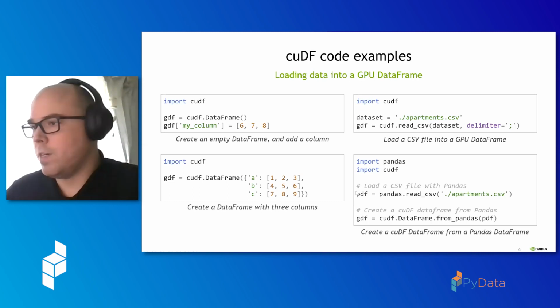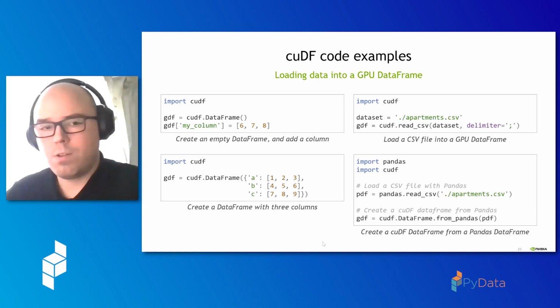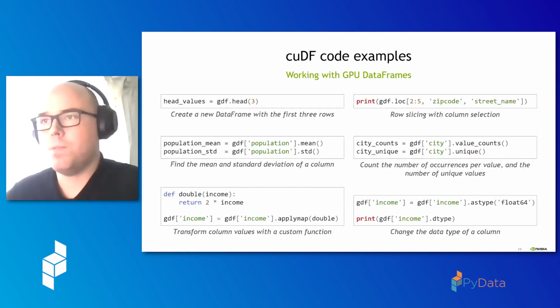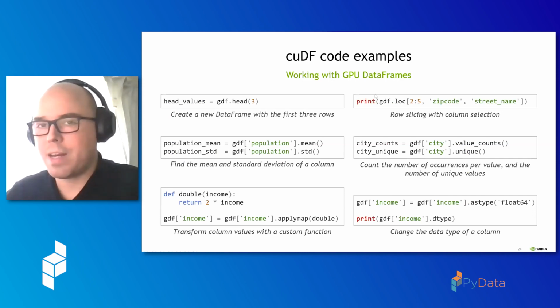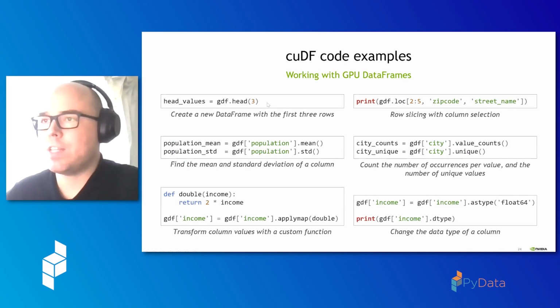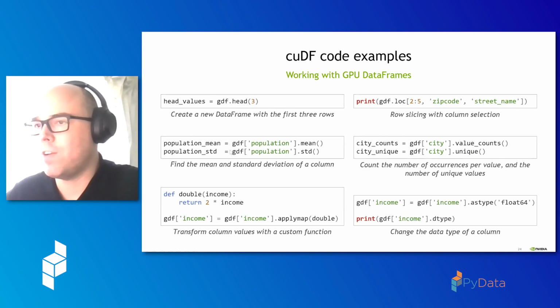Here we go. Again, a couple more examples, this time working with the GPU data frame. And again, hopefully you'll find them very familiar. This is just a head command that will show you the first 3 rows of the data. Again, identical syntax. This is a command for finding the mean and standard deviation of a column.